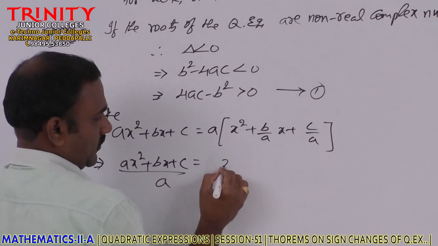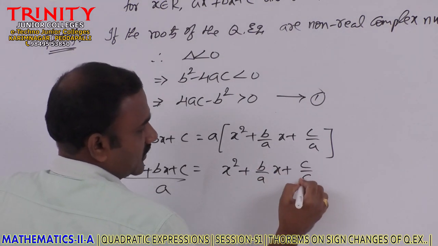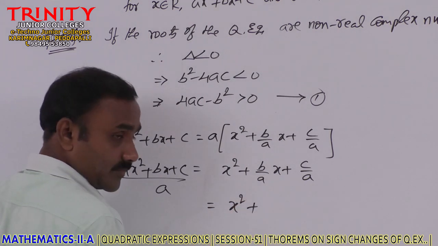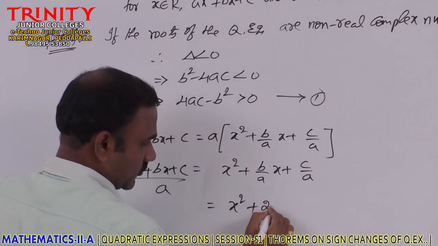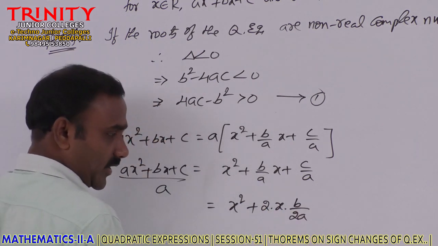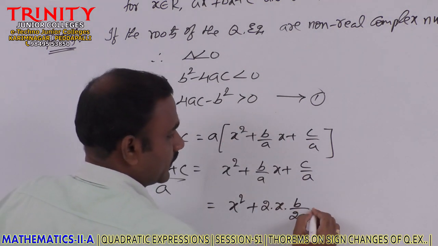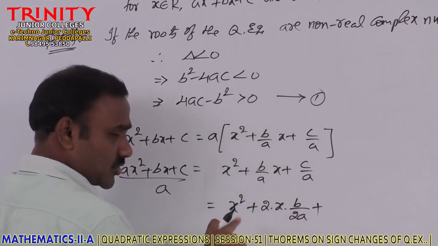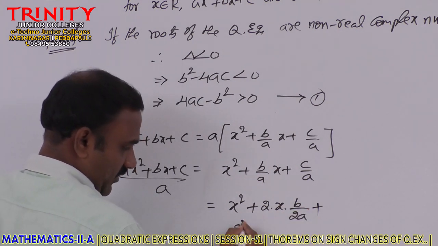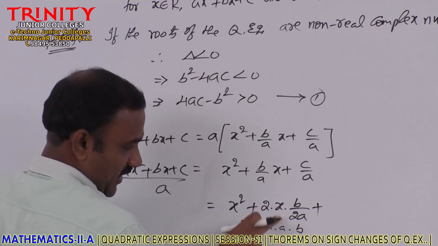Now x square plus b by a into x plus c by a. X square plus this one as 2 into x into b by 2a. It is in the form of a square plus 2ab. To write a plus b whole square or a minus b whole square, we require plus b square. Here this is a and this is b.